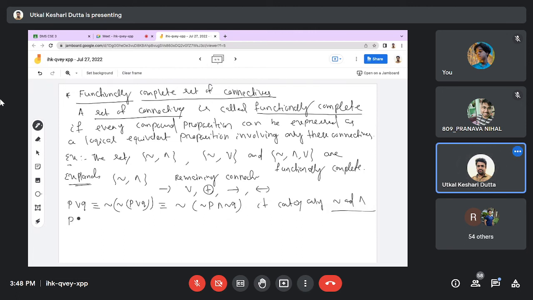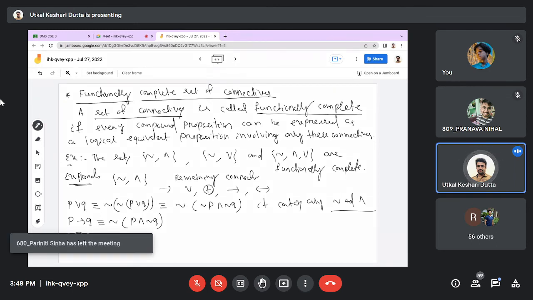What will be P conditional Q? That will be equivalent to negation P conjunction negation Q. It also contains only negation and conjunction. Like this, you have to find all. What will be P exclusive or Q? Just prove it for some connectives.